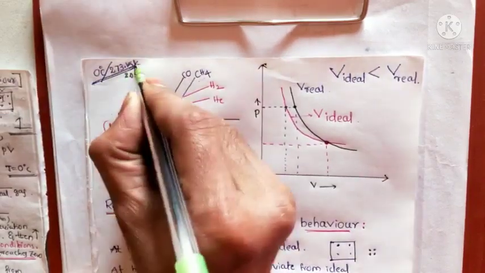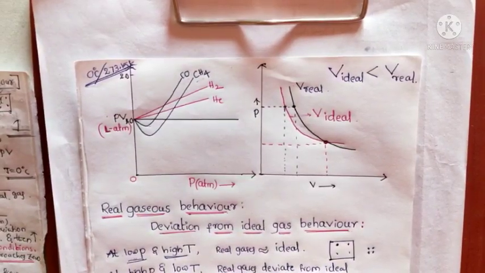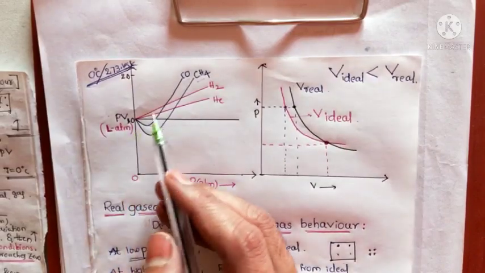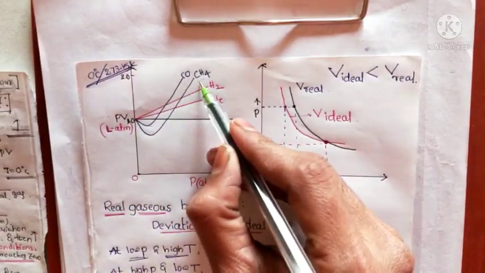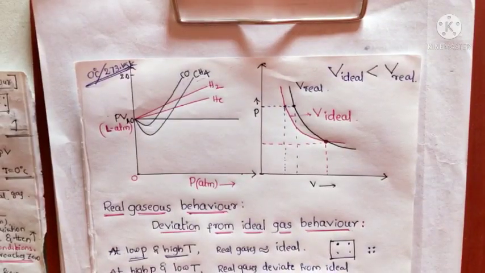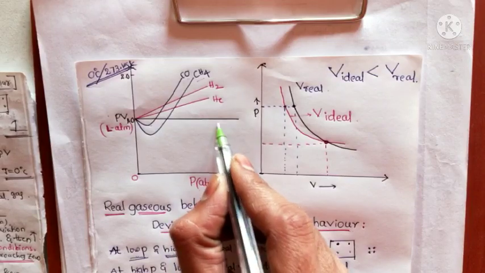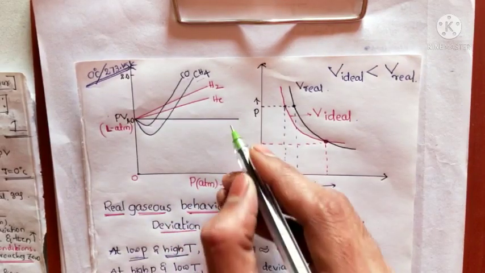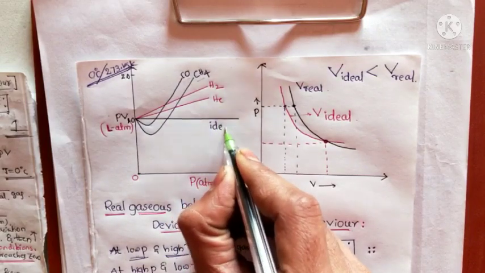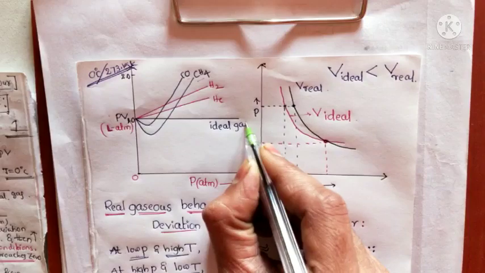At this temperature, they studied the behavior of carbon monoxide, methane, hydrogen and helium. Here this straight line, parallel to the pressure axis, is called the ideal gas. This is the ideal gas behavior.